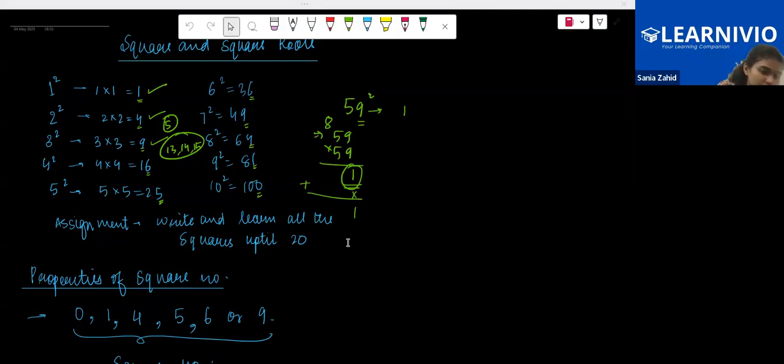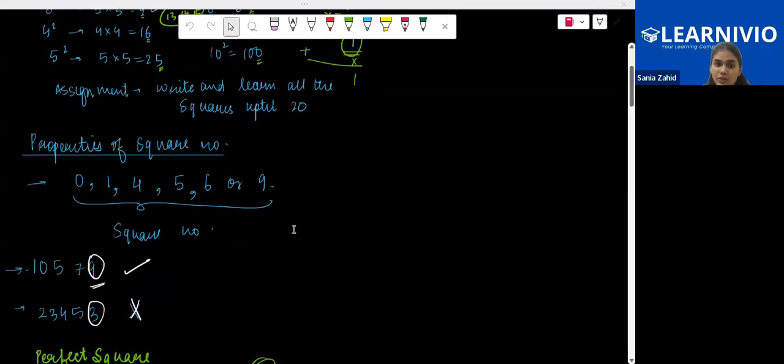Till 13, I learned. 13. Okay, what about Mustafa? Till 15 or 14, yeah. Okay, no problem. But please keep revising every day so that you're able to learn them. And Rida, you also please note that you have to start learning the square roots from 1 to 20, okay?